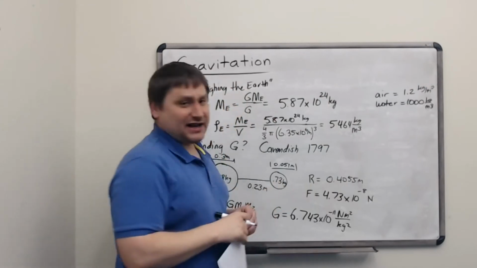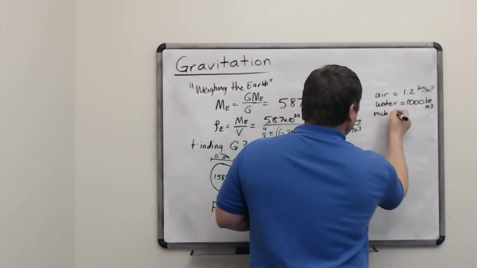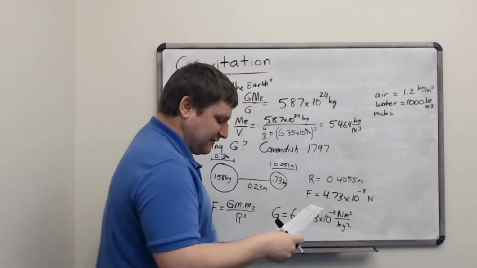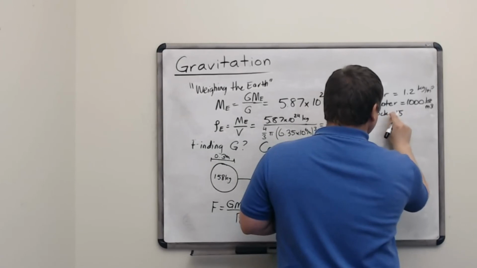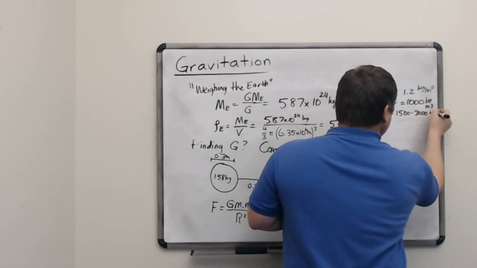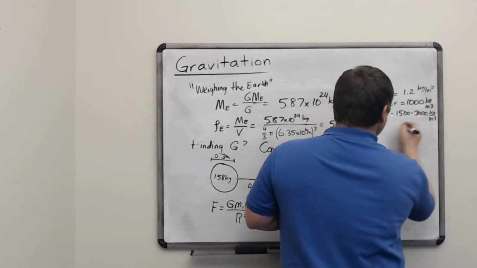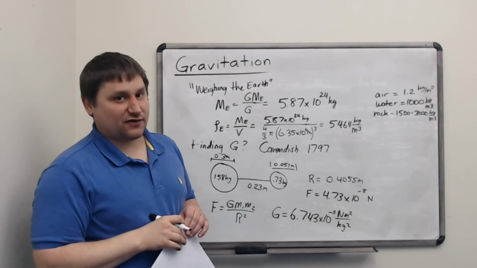So the Earth is not made up of much air. There are a large number of different types of minerals and rocks, but they all have densities in the range of about 1,500 to 3,000 kilograms per meter cubed. So the Earth is yet heavier than it would be if it was made purely of rocks.